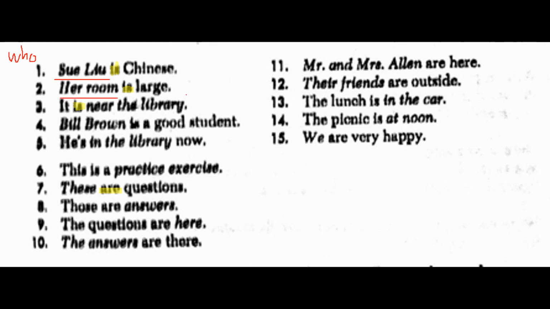Let's underline her room. Her room is something, so we need to put what. Her room is large. What is large? The questions are here. Let's underline here. Since the word here refers to place, we need a place word. Where?